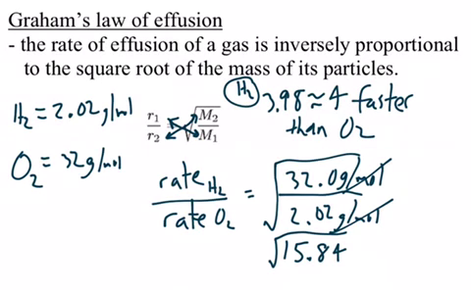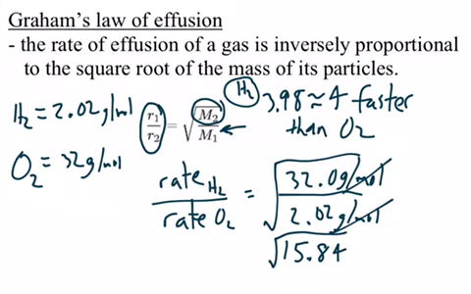All right. Now, one more thing that I wanted to remind you of. We were looking for the rate. Sometimes they might give you the ratio of the rates, and you might be asked to find one of the molar masses. Let me go ahead and erase this here for a second. You could work backwards where they give you this ratio and they give you, let's say, one of the molar masses and you're asked to find the other.